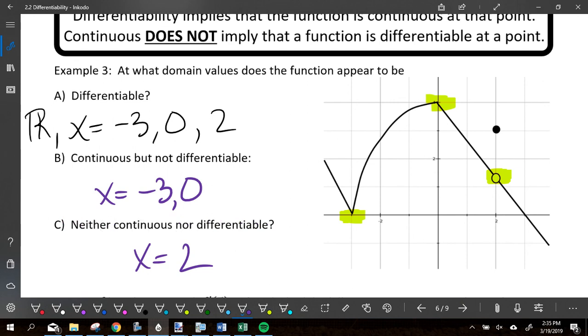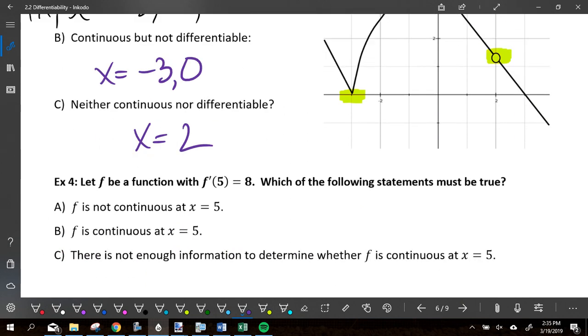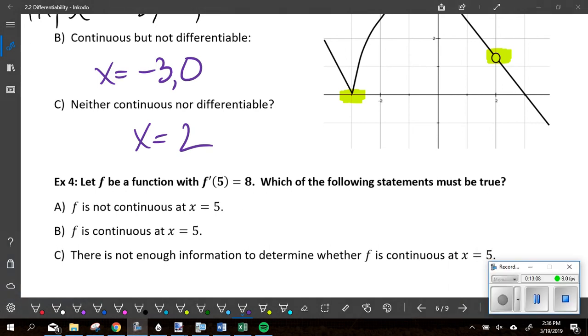Everybody okay with that? Down below it says, let f be a function with f prime of 5 is equal to 8. Which of the following statements must be true? Talk those over with your neighbor. Get me an answer. I'm seeing lots of 2s. Let's check. F prime of 5 is equal to 8.